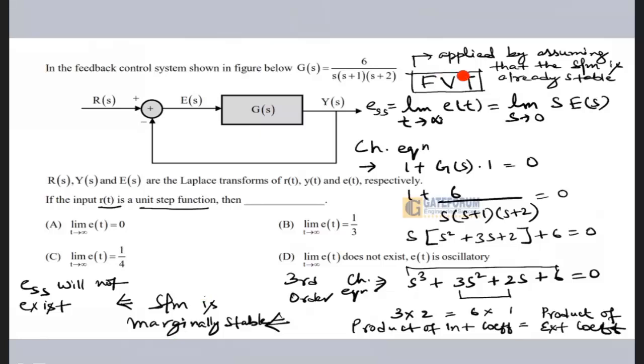You cannot determine the final value or the steady state value. So how can you apply this error formula? The error will be indeterminate. You cannot determine it, and the reason is that the error is oscillatory. So option D is the correct answer.